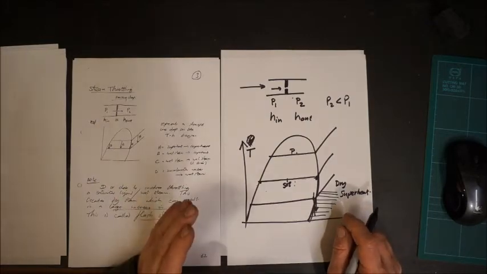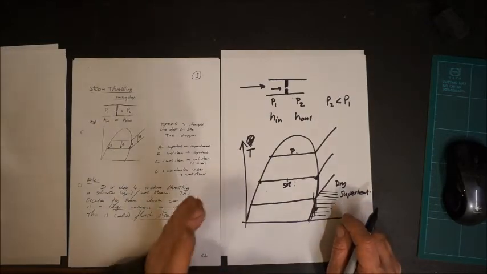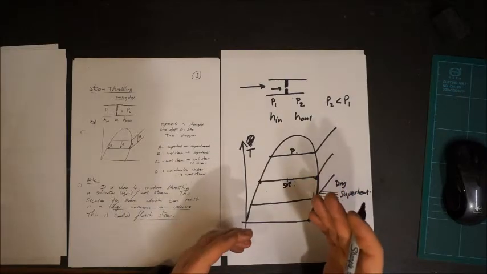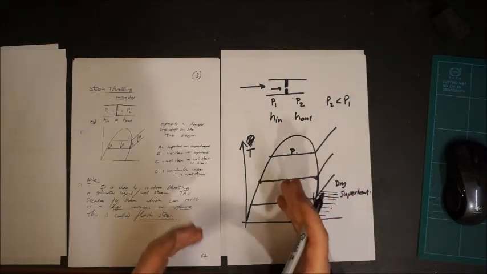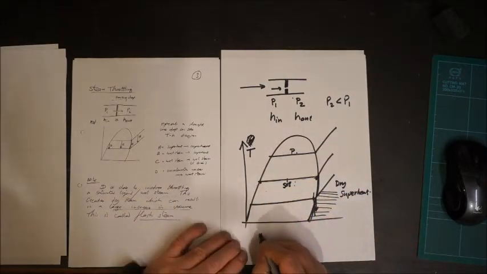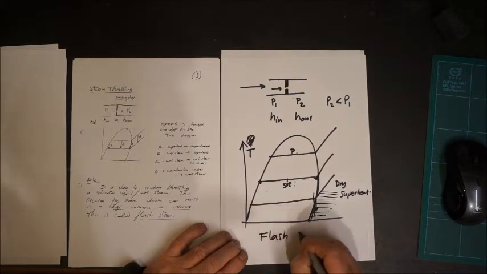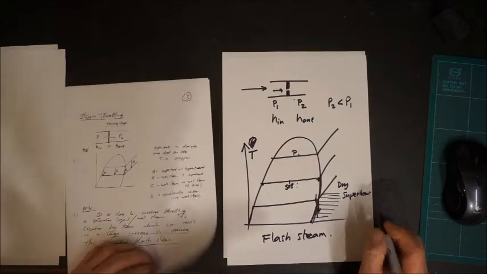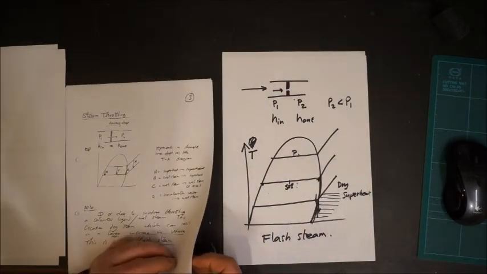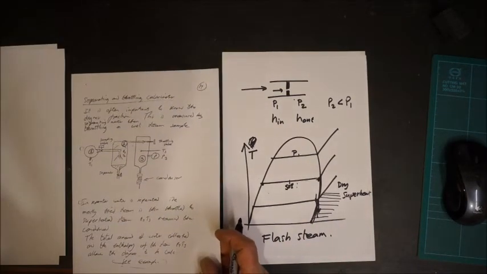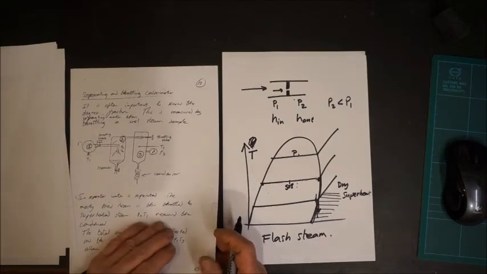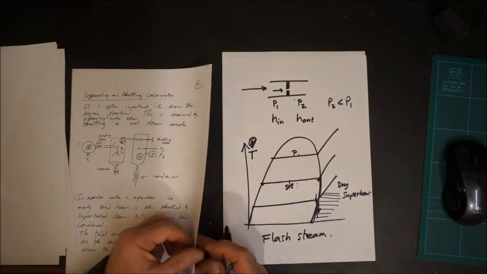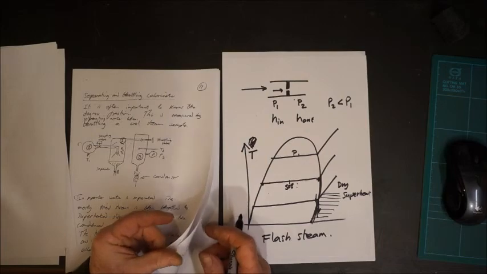First, it dries the steam, and the second thing, by dropping the pressure, it expands. And this combination of dried, expanded steam is called flash steam. So that's all we're going to say about that. Flash steam has its uses either for driving machines or where you want really good dry steam.